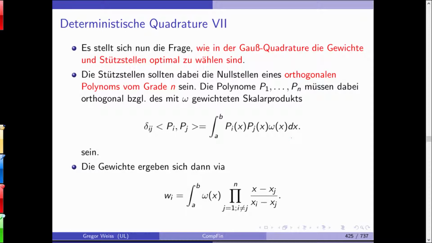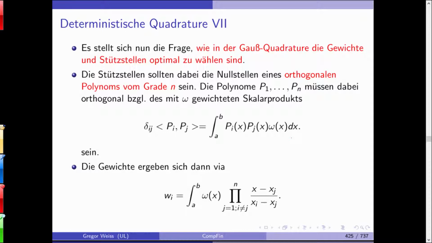Okay. And then the weights are simply given by the integral from a to b over omega. Let's assume for the moment that omega is just 1, a constant function, and then we have a product of x minus xj over xi minus xj, which is known.